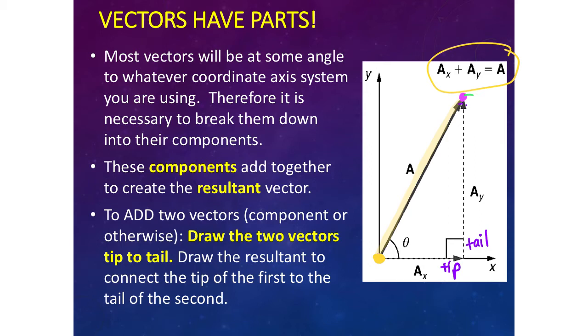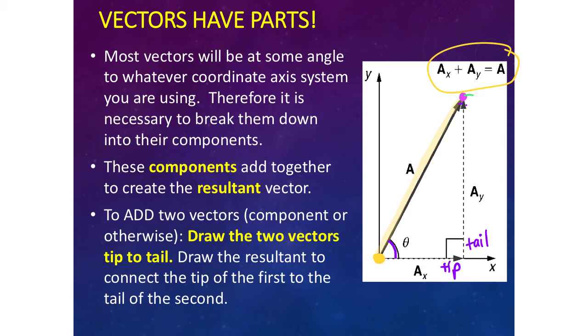And what you get is a nice way to take a vector that is at some angle theta, and you can break it down into a horizontal part, an x vector, plus a vertical part. And you're going to see how incredibly helpful this is.